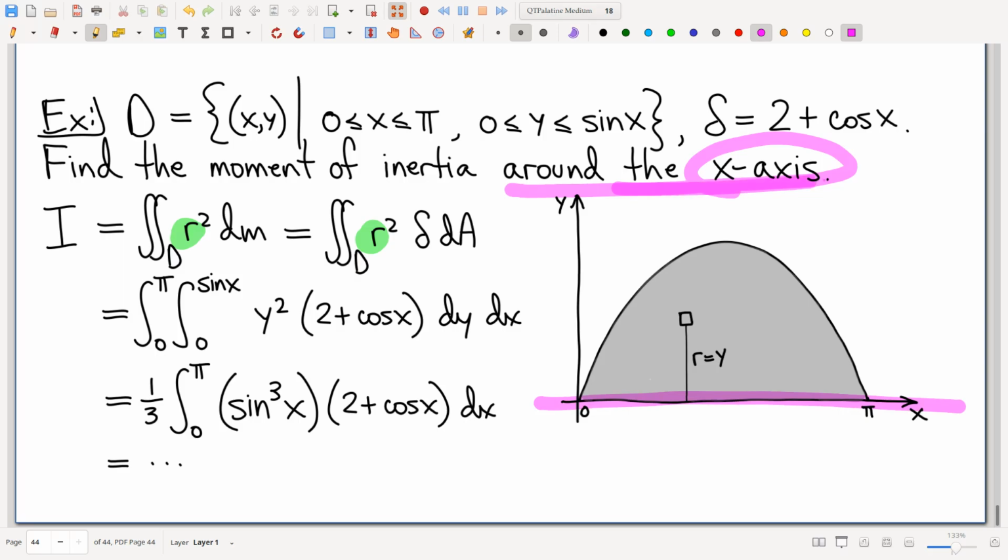We're going around the x-axis. And, well, there's the picture. If I'm at some point x, y in this two-dimensional region, what is the distance to the x-axis? It's y. The geometry here is extremely convenient in this particular case. And so that r is y. Is that cool?